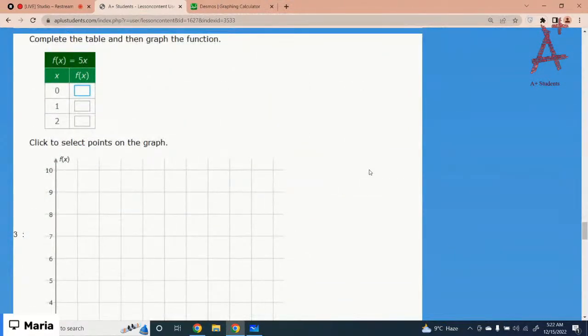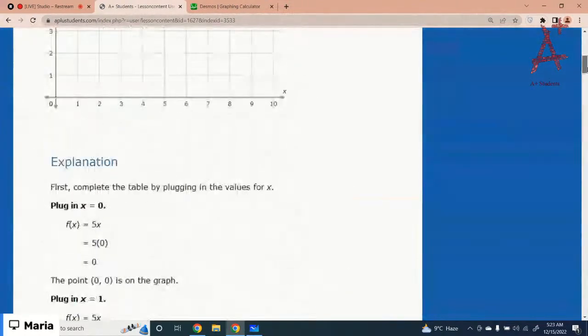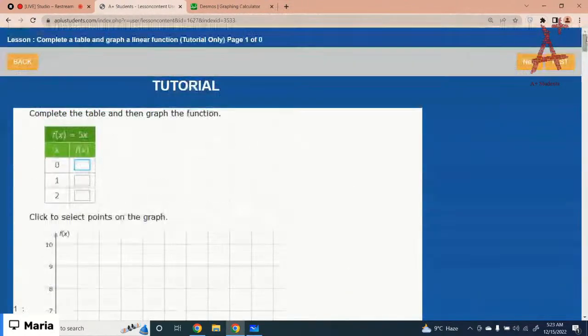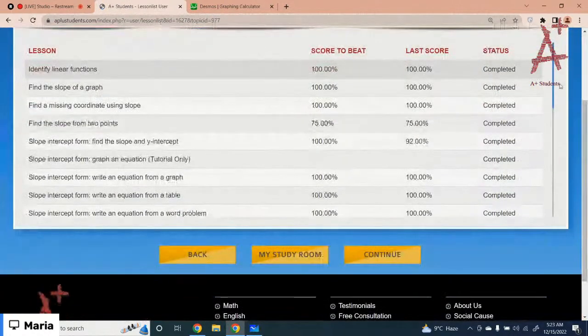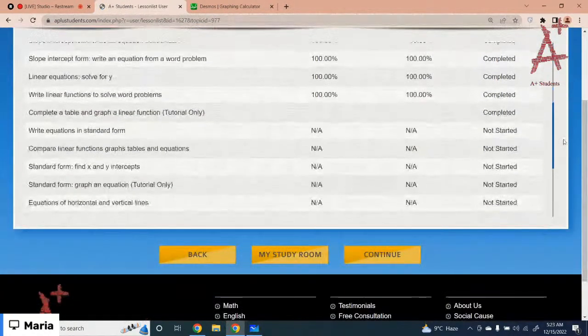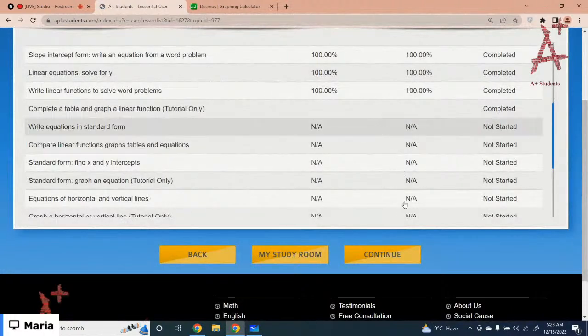Got it? Okay, let's just start with the new lesson. Let's go to the next lesson, that is write equations in standard form. The next lesson is write equations in standard form. Here is the lesson.